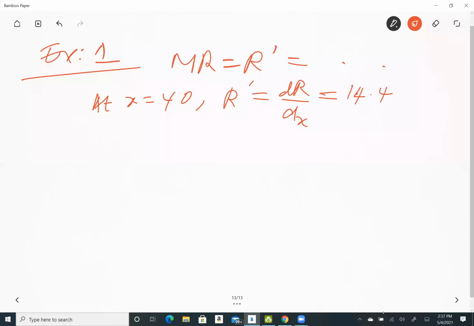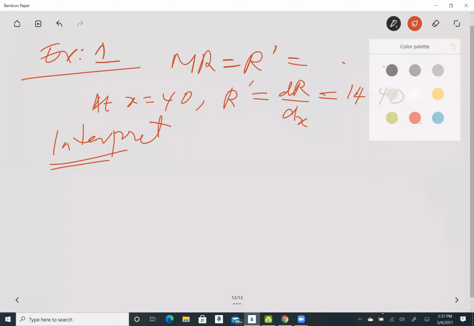14.4. Now I want you to interpret this. Go to that example, see what the unit for x is, if there is any, and what the unit for the revenue is. I would like you to interpret the marginal revenue at x equal to 40.